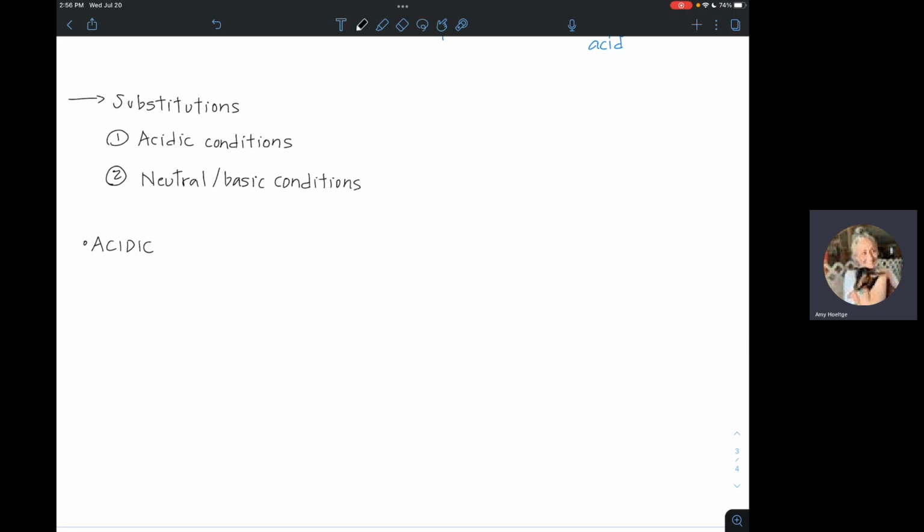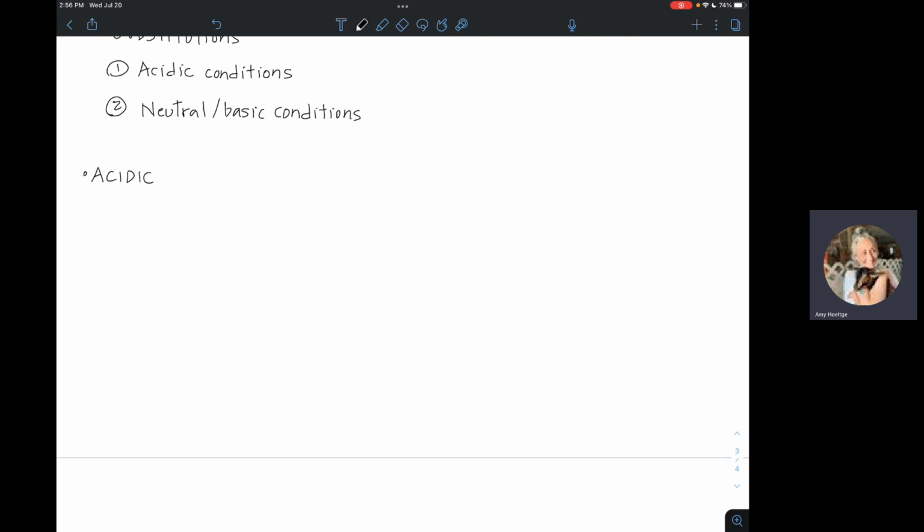Under acidic conditions, we are going to protonate, and I'll just use ethylene oxide, or oxirane is another name. There's a few different ways that we can name this, and we'll find this with amines too. There's a few different names that we can give these.